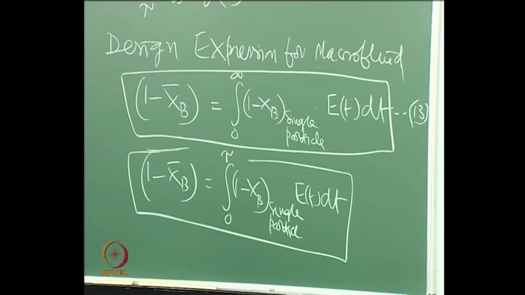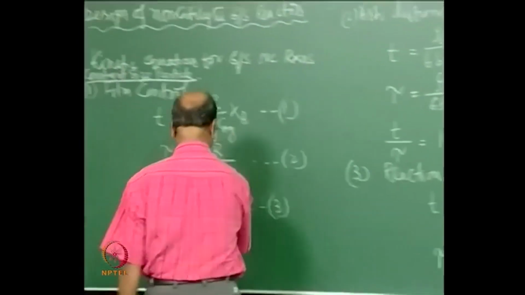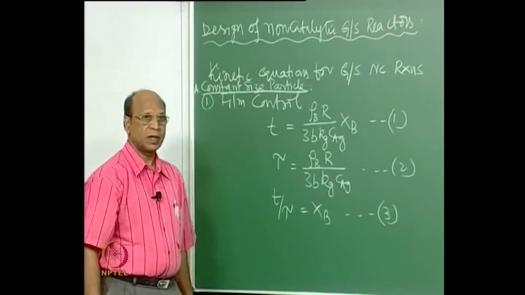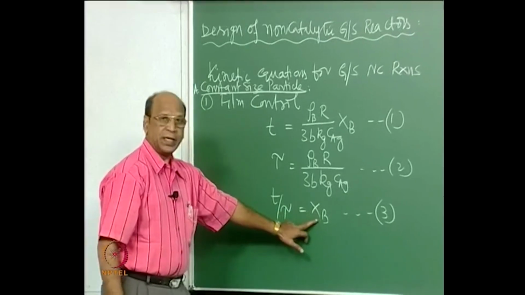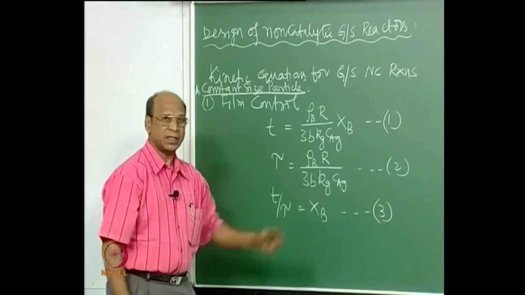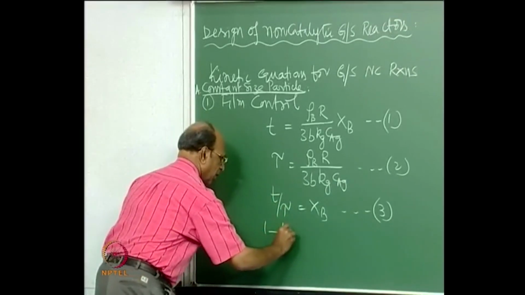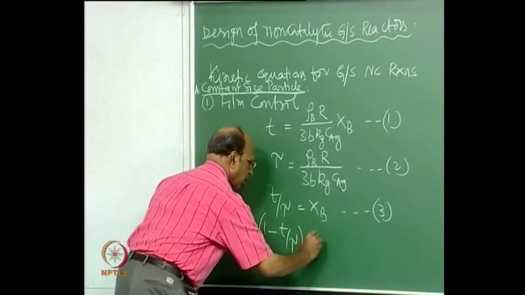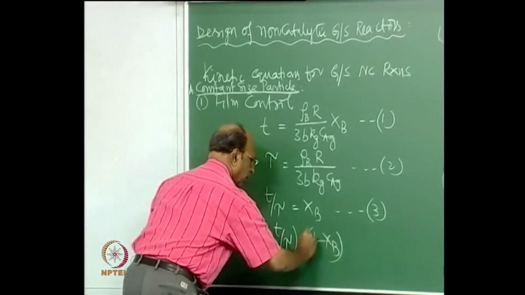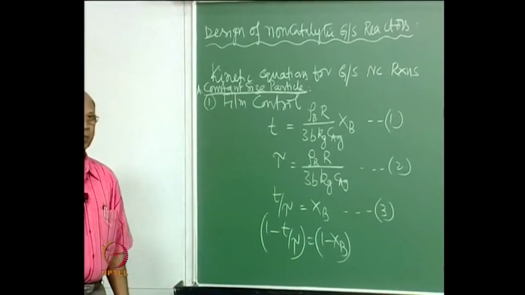And what I would like to tell is, here this x b is not an easy function except for this, correct? No, this x b is simply 1 minus x b. Okay.